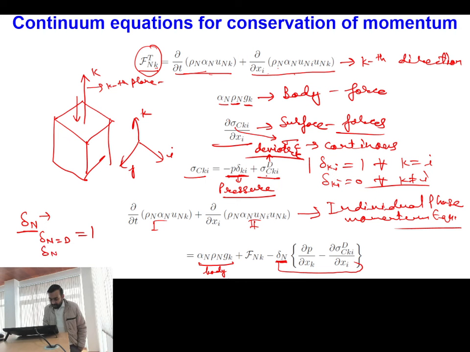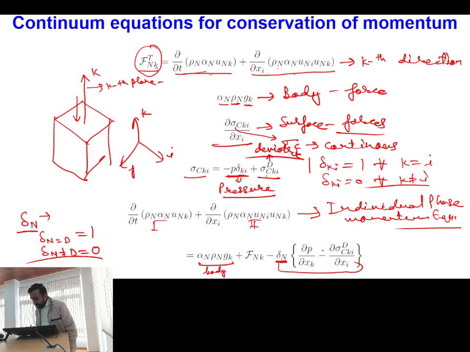Otherwise, if n is not equal to D, then this will be equal to 0. Is the meaning clear? When I write this equation for a dispersed phase, this will be active. If I write it for a continuous phase, then the corresponding terms for the continuous phase should become active. All other times this term will not come into the picture.